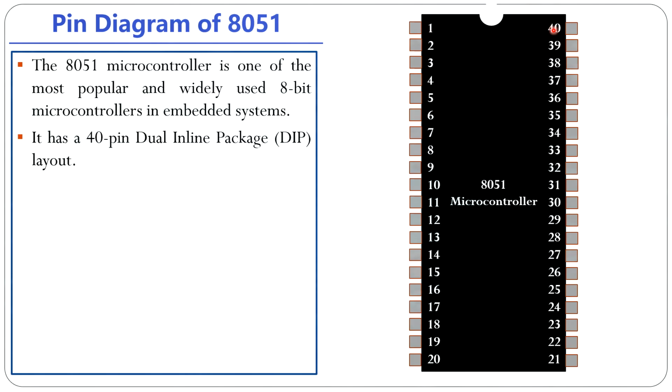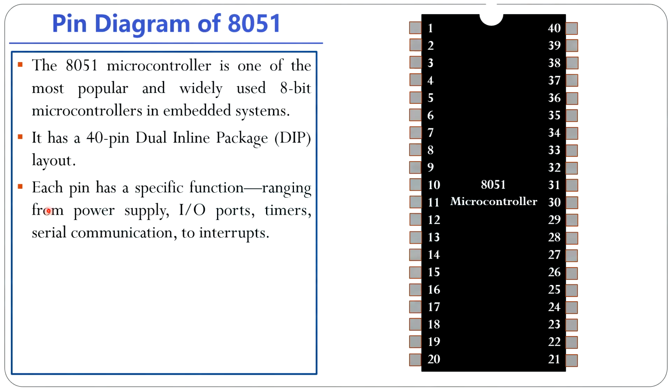We can say the 40 pins. We can start the pins of this pin diagram. Basically, first of all, we can see the notch. From the left side of this notch, we count the numbering of the pins, 1 to 20, 21 to 40. Okay, these are the pins. Now we will discuss the pins one by one.